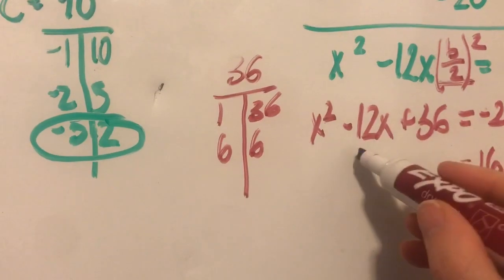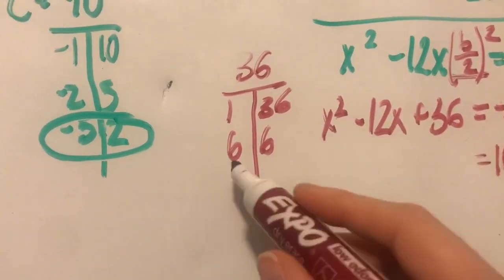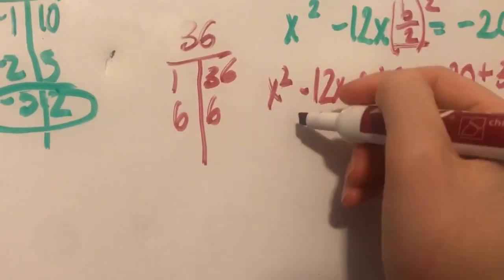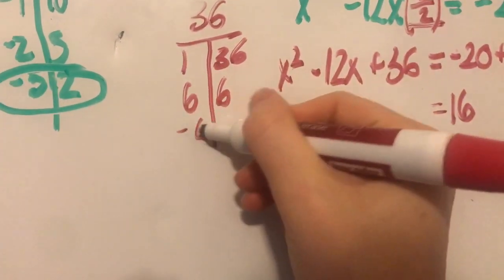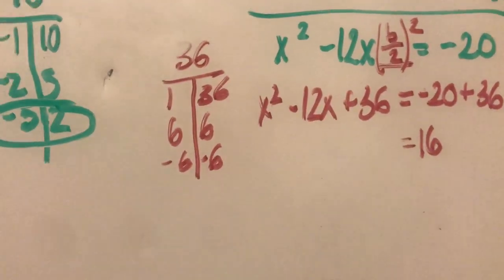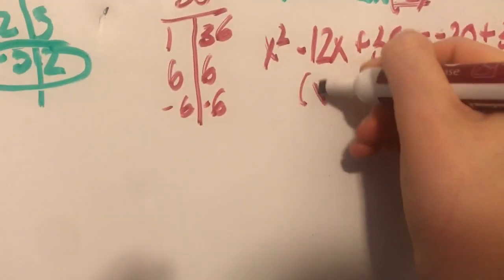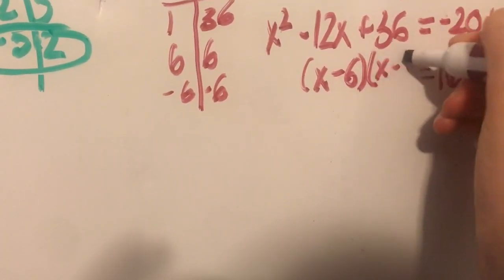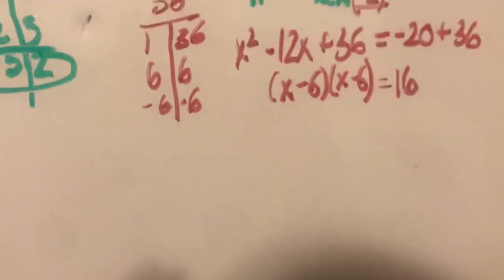I need them to add up to a negative 12. Well, this is adding up to a positive 12, so all I need to do is make that negative. So I'm going to have x minus 6 times x minus 6.